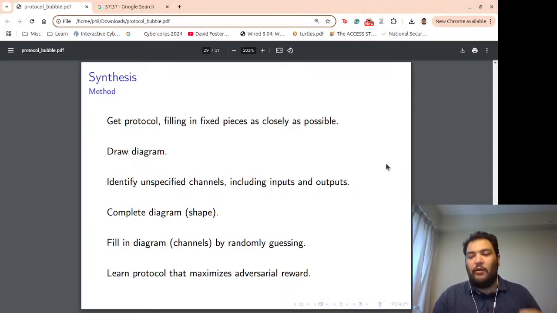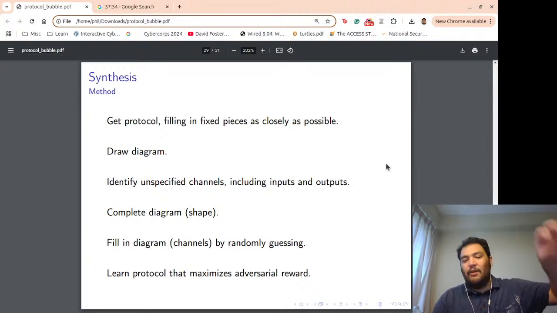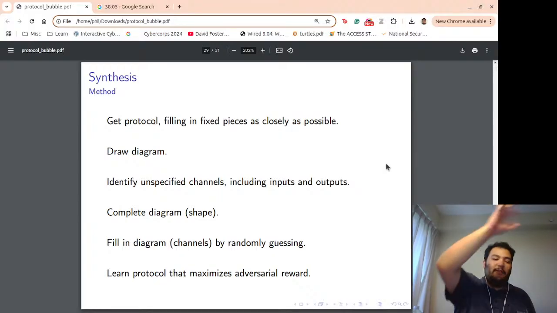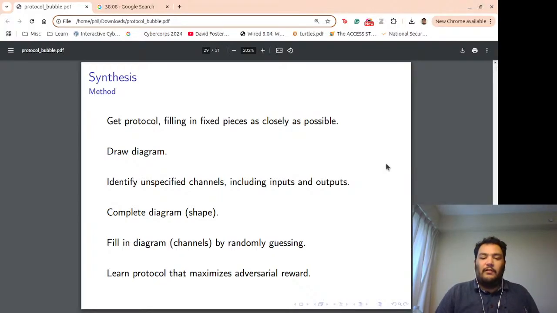So you just need to understand what is not explicitly specified about the protocol. Then think about all ways of feeding in information to the things that expect information, and absorb everything that the protocol is leaking as output. Then just think naively about all of the ways of completing the diagram by feeding in inputs, taking in outputs, and closing the loop. So just close the shape; that amounts to just drawing a diagram, right? And then fill in the diagram by saying, well, I needed actual channels here.